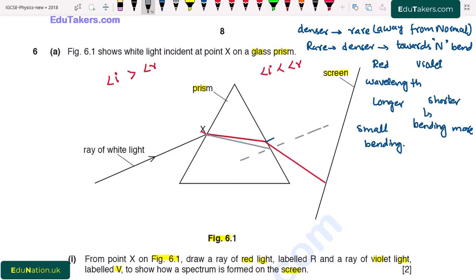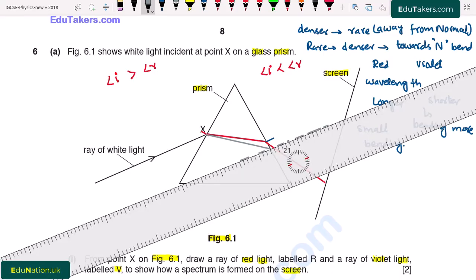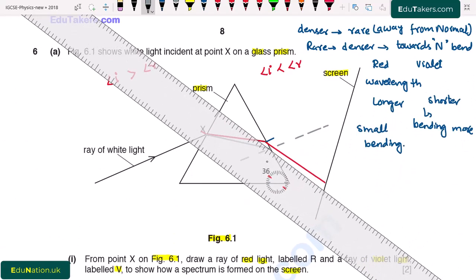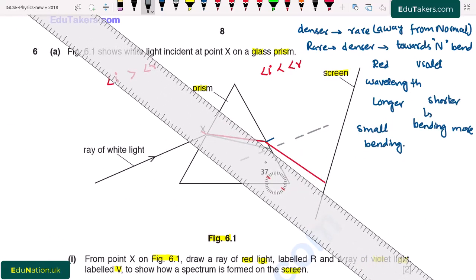So it is the normal ray here, and we can see that this ray is coming out of the prism, meaning that it is coming into the rarer medium, so it will bend away from the normal. So I will draw its path. It will be like this.